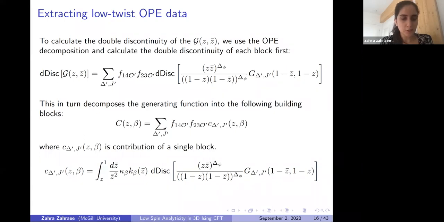The generating function itself can then be written as the sum of the generating functions where we calculate the generating function for an individual block. Here, C delta prime J prime indicates the generating function for a single block, the contribution of a single block to the generating function.